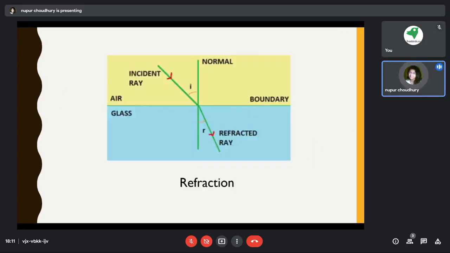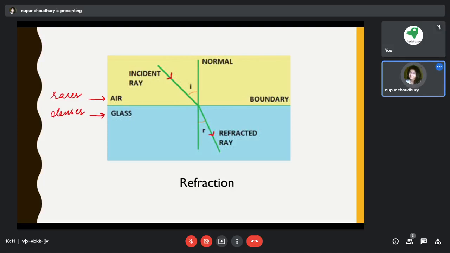To get a clearer concept, we have to look into this diagram. Here I have two different mediums: one is air and the other is glass. Air we consider the rarer medium and glass the denser medium. We have to make sure that these two mediums do not have the same density, otherwise they will be considered the same medium.